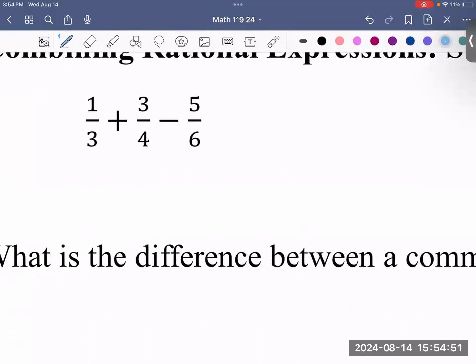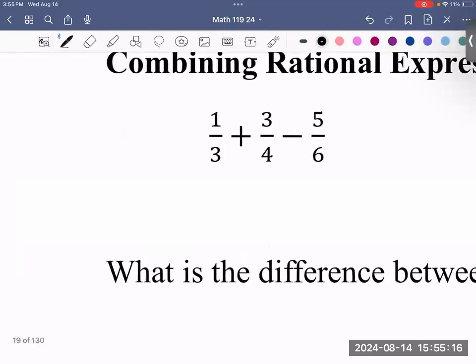Now we're looking at a least common denominator, an LCD. Your least common denominator is the smallest number that these ones can all fit into. Now, what could that be? Well, your least common denominator in this case is going to be 12. If we have trouble with least common denominator, 3 times 1 is 3, 3 times 2 is 6, 3 times 3 is 9, and 3 times 4 is 12.